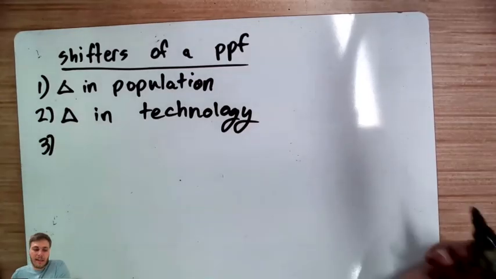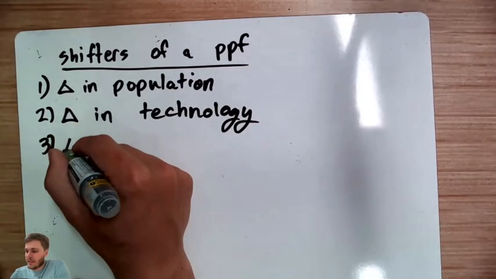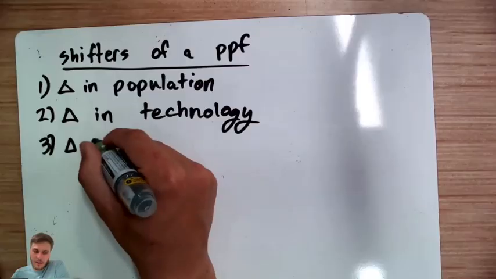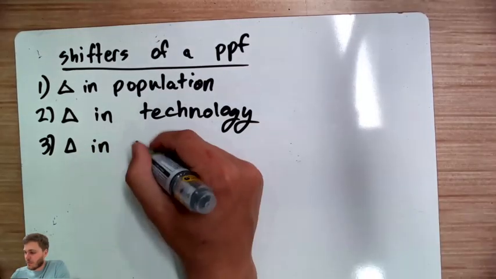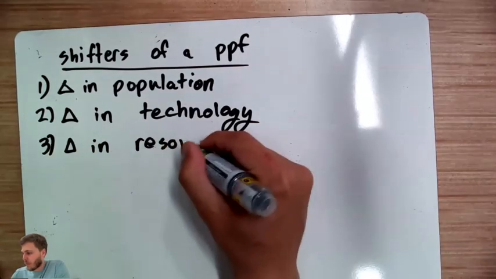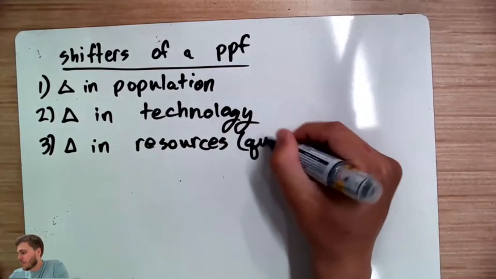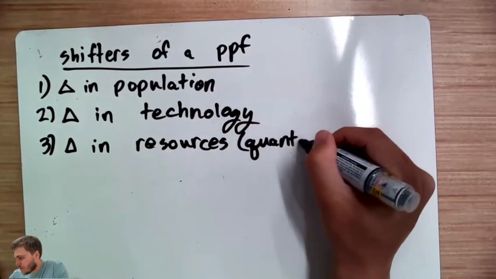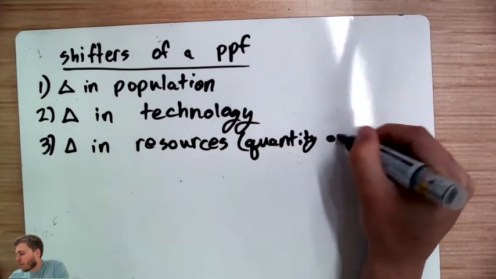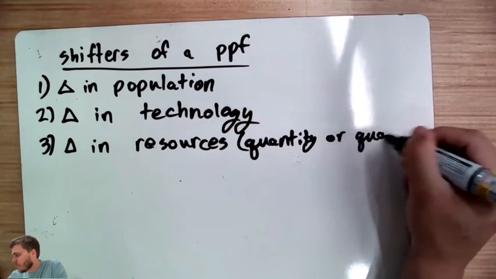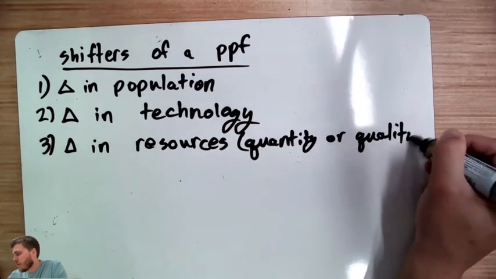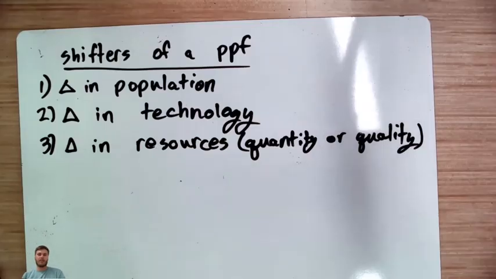Next one, let's say change in resources. So that could be quantity or quality of resources. This is kind of talking about those factors of production of land.